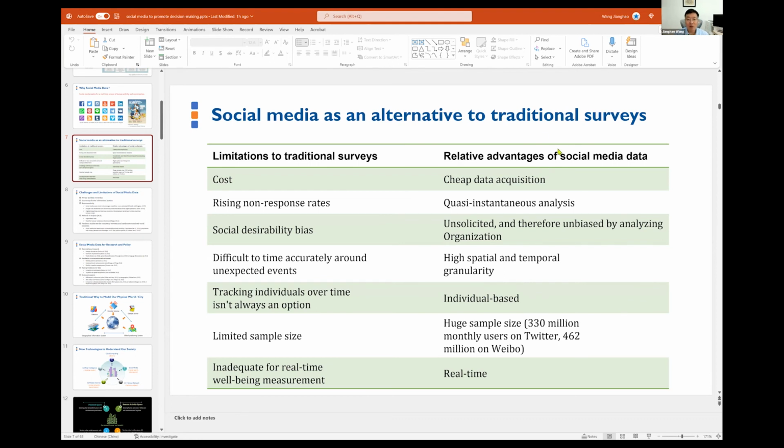And also, for emotion or social sentiment studies, I forgot the name of the organization that publishes the World Happiness Report every year. Previously, they used traditional surveys to collect the happiness index globally.